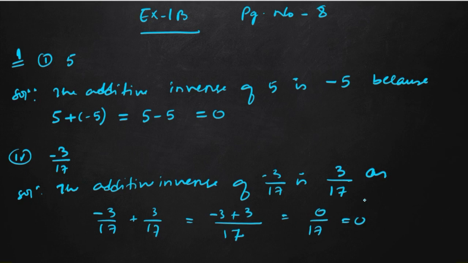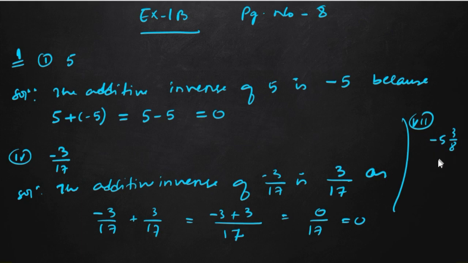If it is a mixed fraction also, you just convert it into a fraction. Okay, as in question number 7, it is minus 5 3 by 8. I think all of you know this, how to convert it into a fraction.